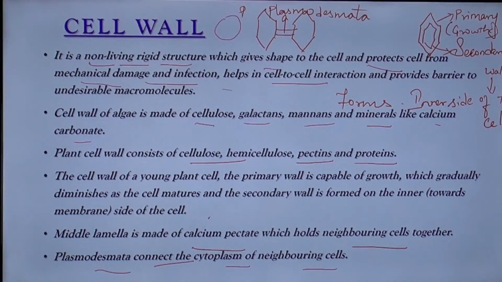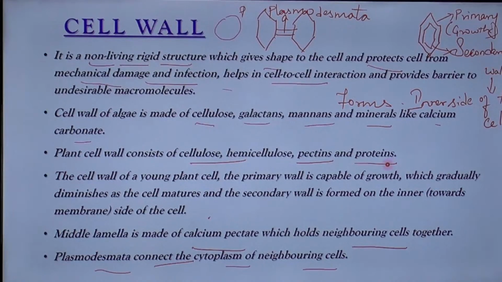The algae cell wall is made up of cellulose, galactans, mannans and minerals, and the plant cell wall is made up of cellulose, hemicellulose, pectins and proteins. The cell wall of the young plant cell is made up of primary and secondary walls. The primary wall is capable of growth and development, and the secondary wall forms on the inner side of the cell.